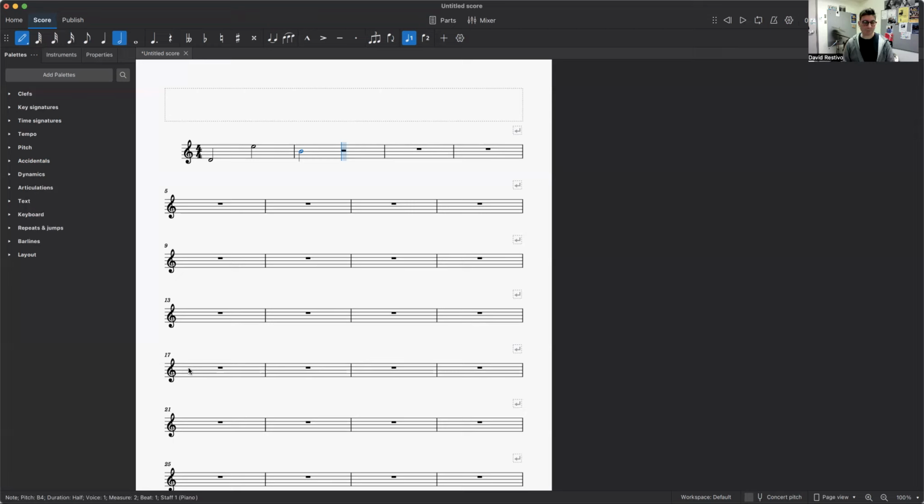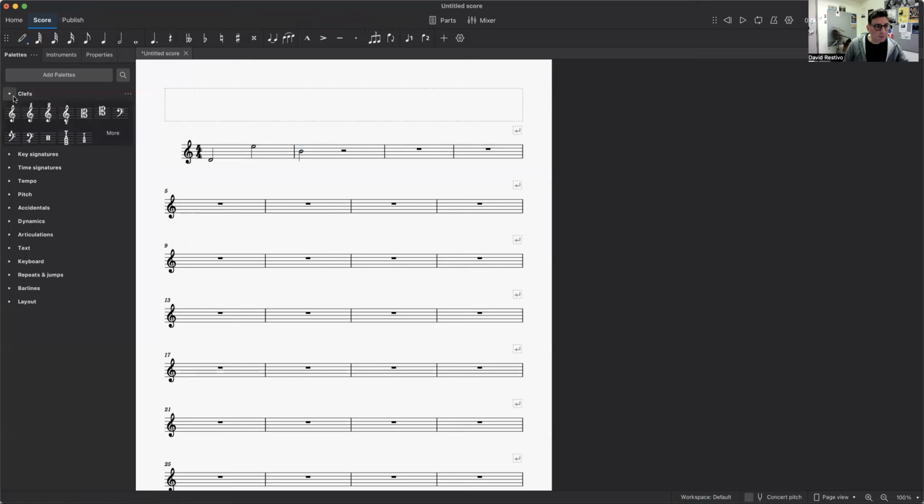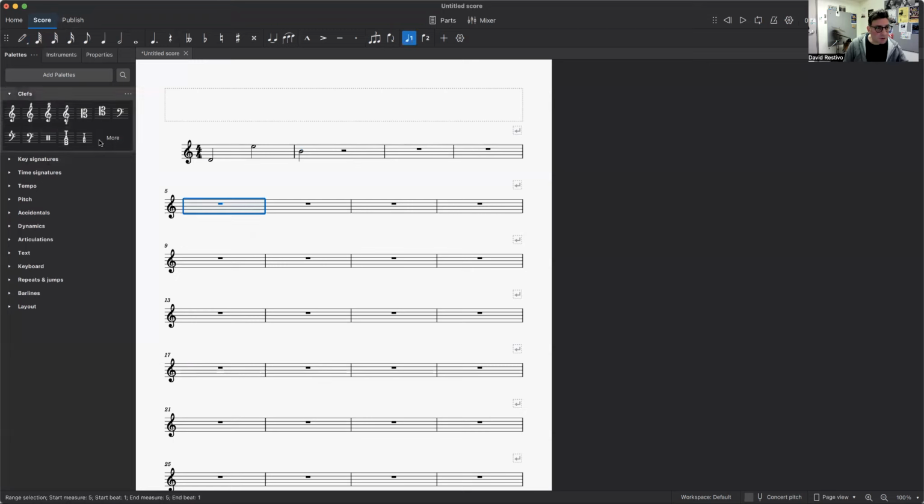So the baritone sax is really, like I say, let me just switch to a bass clef here for a second, just temporarily.